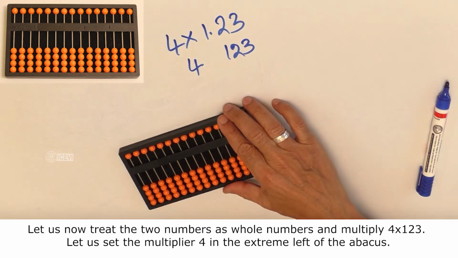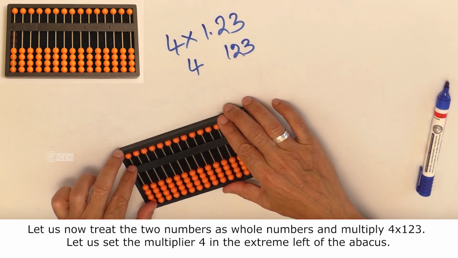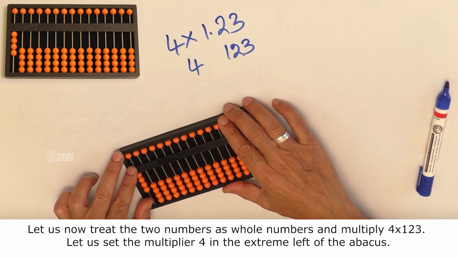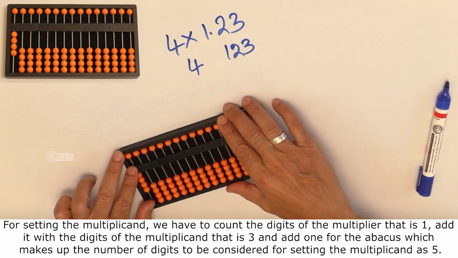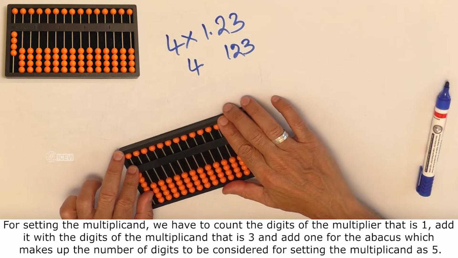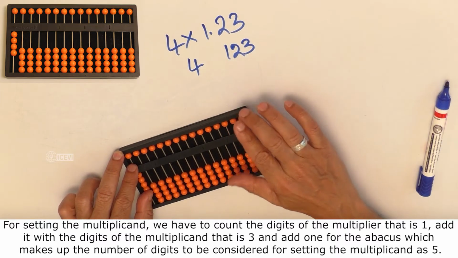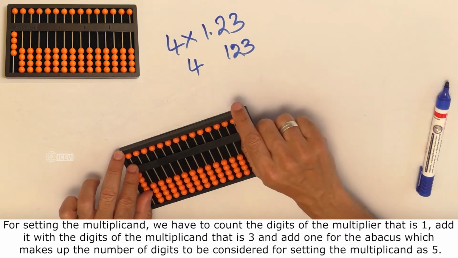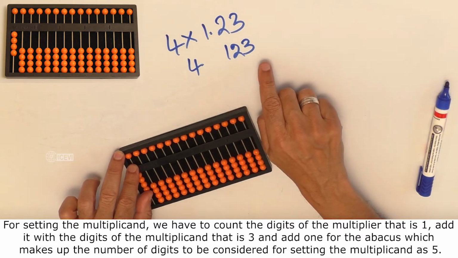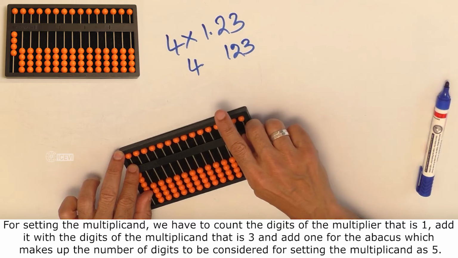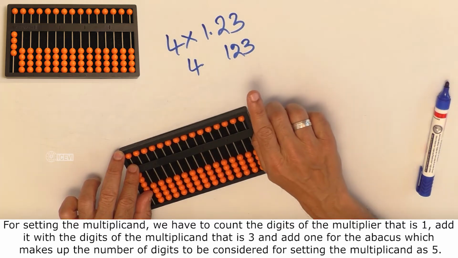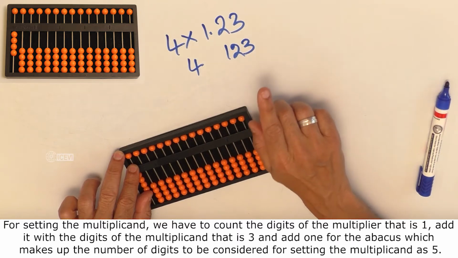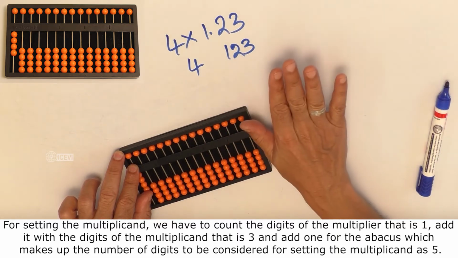Let us set the multiplier 4 in the extreme left of the abacus. For setting the multiplicand, we have to count the digits of the multiplier, that is 1, add it with the digits of the multiplicand, that is 3, and add 1 for the abacus, which makes up the number of digits to be considered for setting the multiplicand as 5.